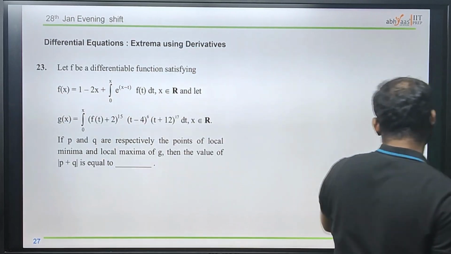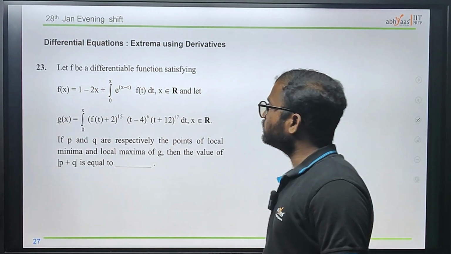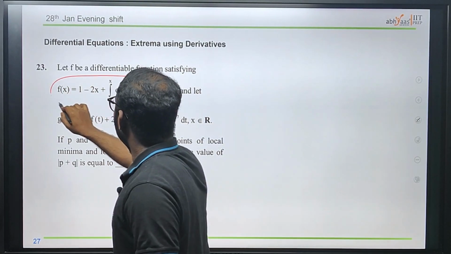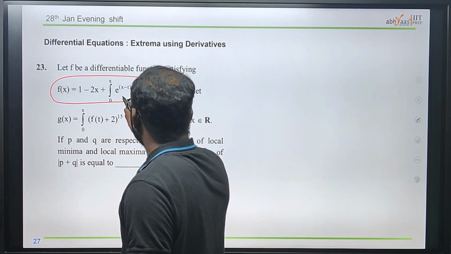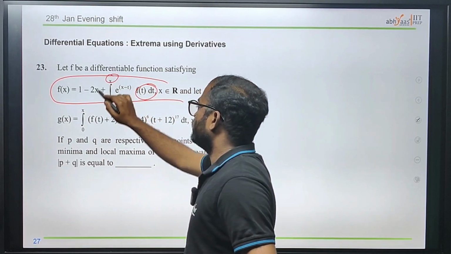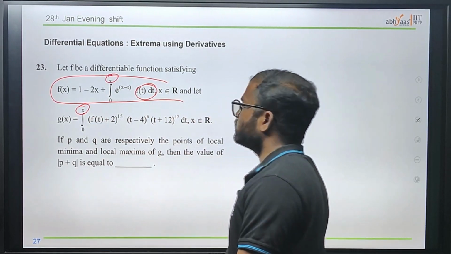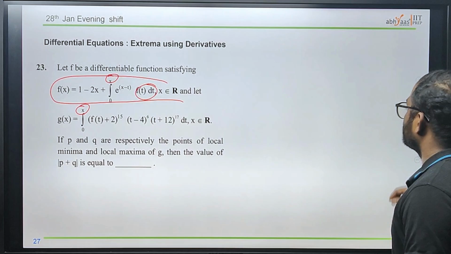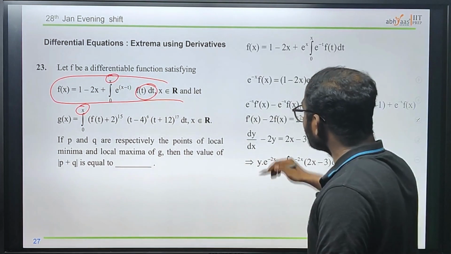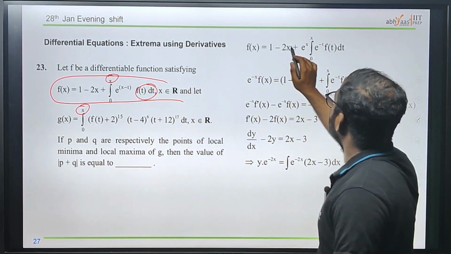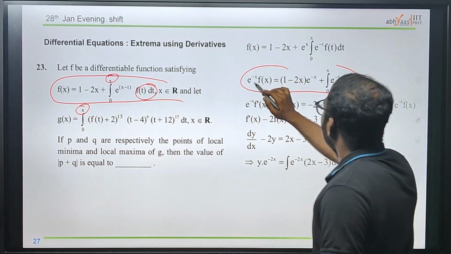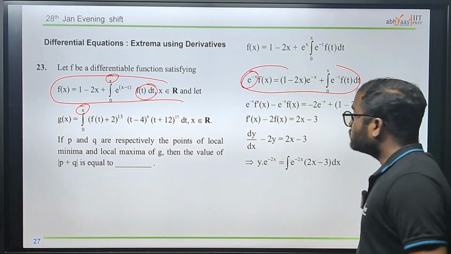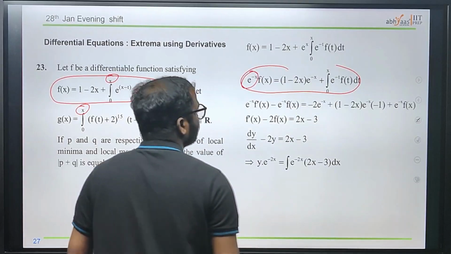Now we have a question on the basis of differential equations. If we observe, see here, 1 minus 2x plus the integral from 0 to x, and they also gave it in terms of t. Here in terms of x, and here we also have another function in terms of g of x. Now, to find f of x, we take e power x and multiply with e power minus x.